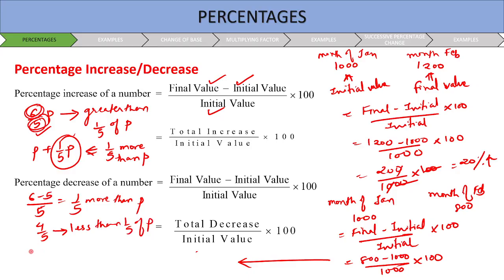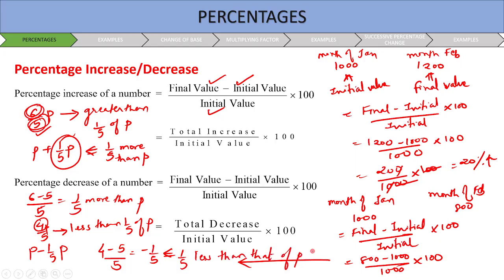The final value was P minus 1 by 5 of P. And to arrive at it directly, your final value was 4 minus 5 divided by 5, which is minus 1 by 5. And this value, 4 by 5, is 1 by 5 less than P. So I hope this understanding is also clear.